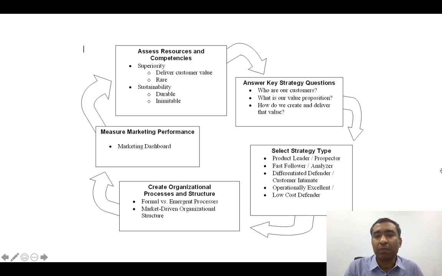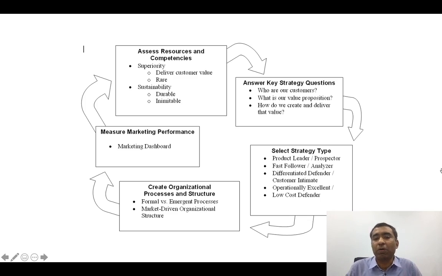Once the strategy is selected, we will see how these strategies are linked with the organizational structure and which structure is suitable for a high-tech firm. Once we are done with that, we will see how we can create the metrics for organizational marketing performance measurement. This is also called a marketing dashboard, or marketing metrics.